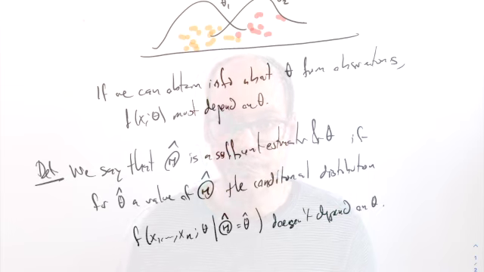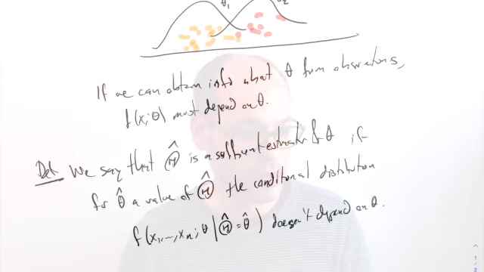In other words, once we have this conditional measurement, there's no other information that this probability distribution can bring to bear about theta. This is really the statement that capital theta hat has exhausted all the information.